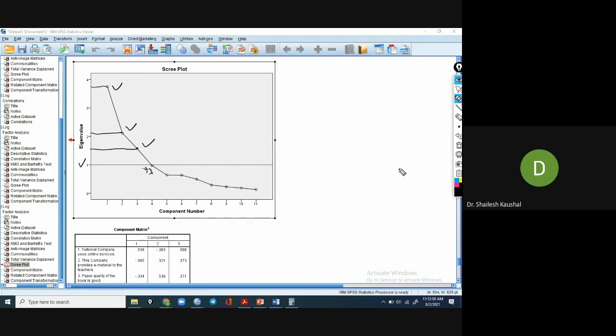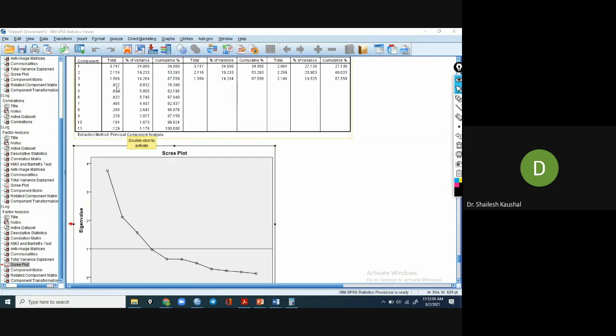You can see from this table also that the fourth component value is 0.972. The first value is 3.74, almost 3.7. The second is 2.1 something, and the third is 1.569.